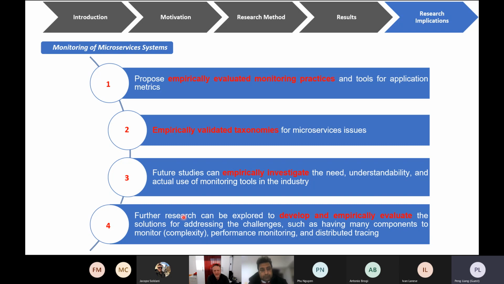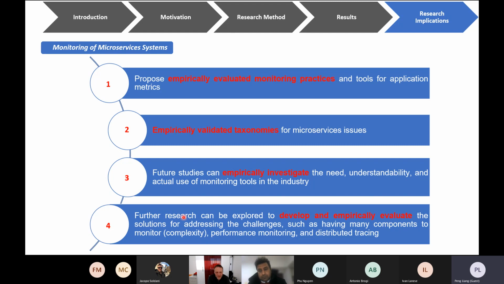One other idea would be to empirically validate taxonomies for microservices issues. Another study could be to empirically investigate the need, understandability, and actual use of monitoring tools in the industry.